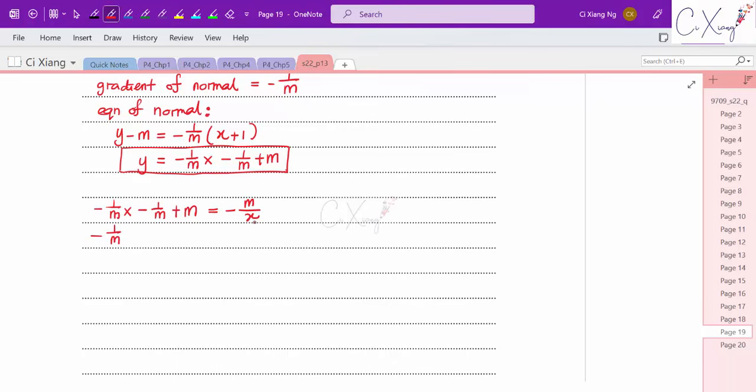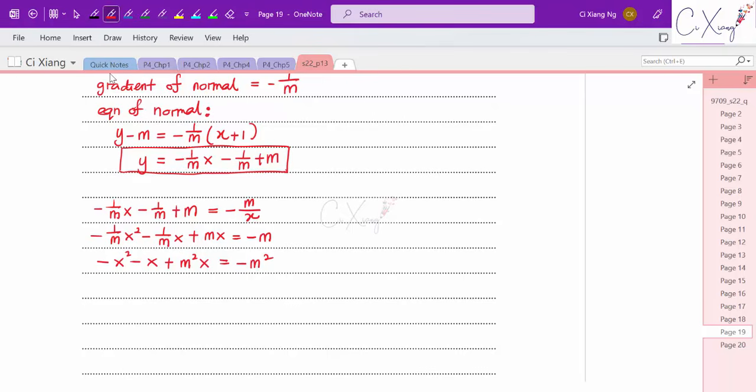So I have -1 over m x squared minus 1 over m x plus mx, equals -m. Then the second step is I want to make the 1 over m no longer a denominator. I multiply the whole equation by m. So I will have -x squared minus x plus m squared x equals -m squared.